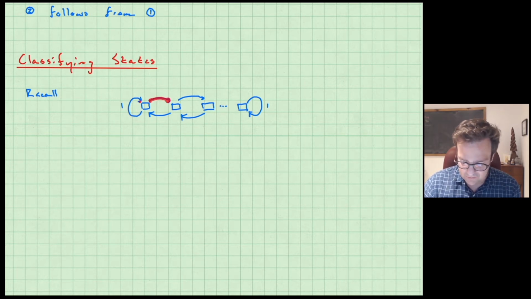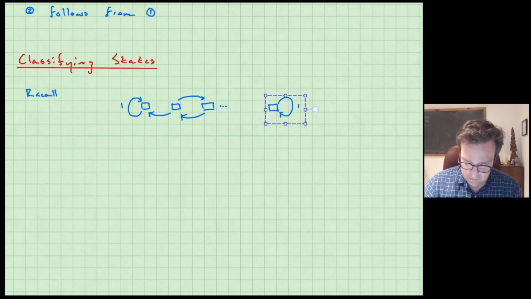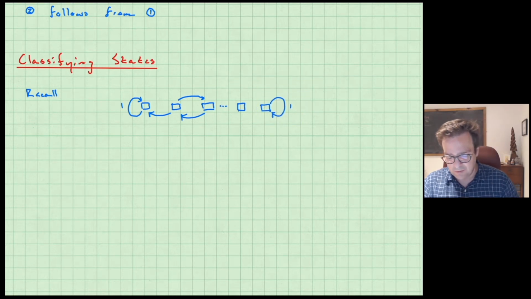And similarly on this other side, whatever it is that comes right before, let's just put it in. From there, you can get into this last state, but you cannot come back out. And so there's an arrow like this, but there's not one coming back out.